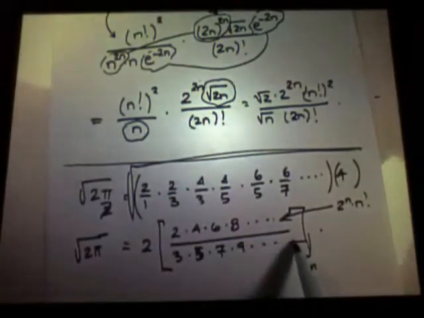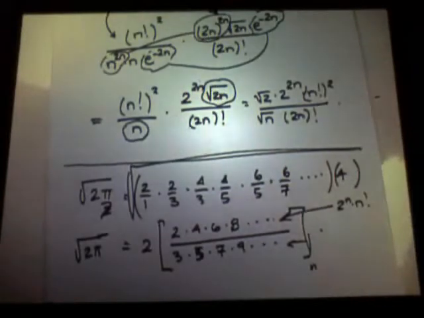What about these? Well, the 2n factorial downstairs is just going to run out like this, right?